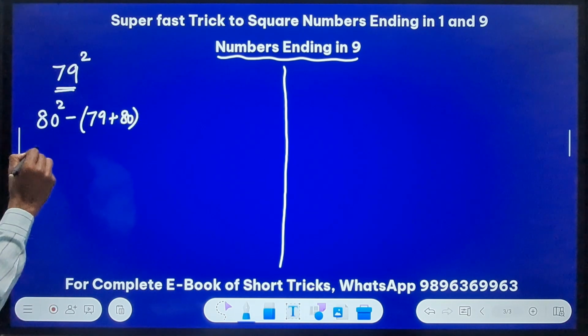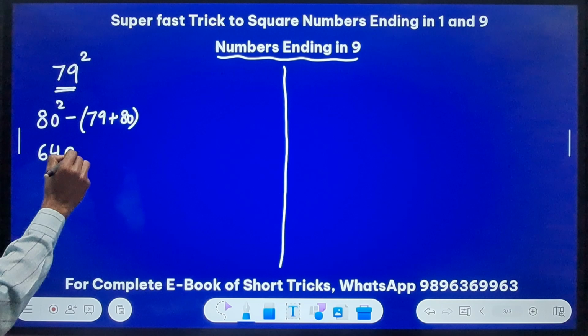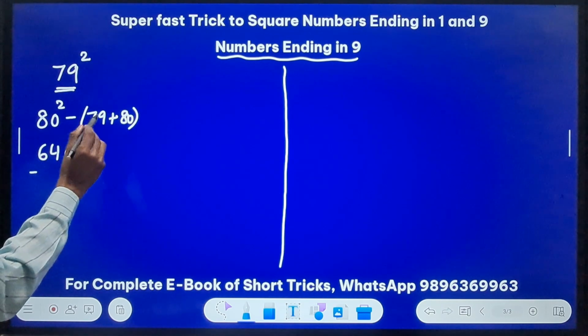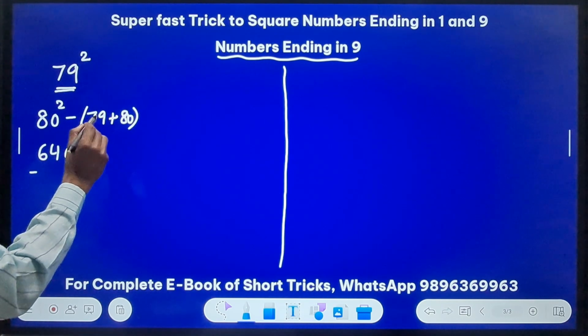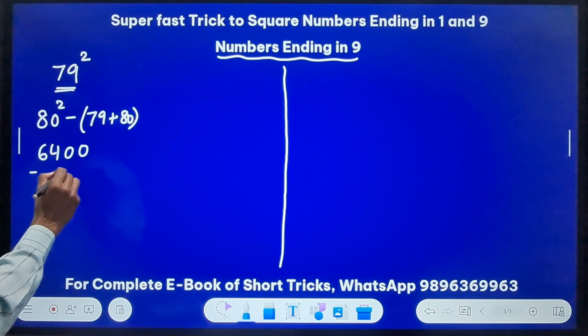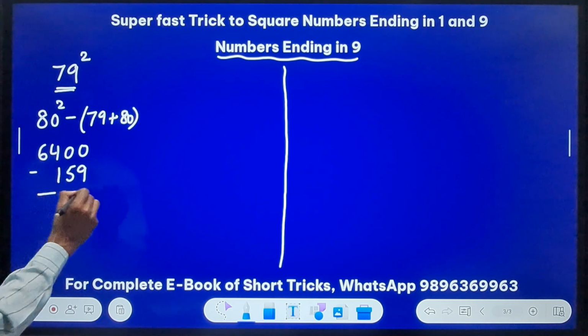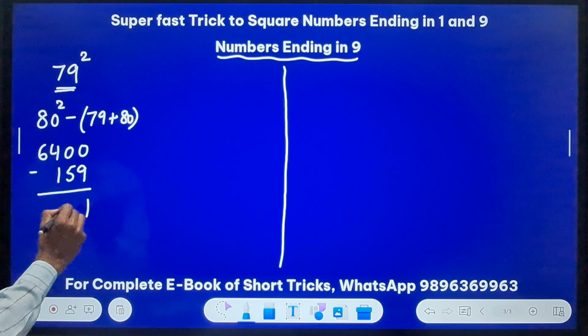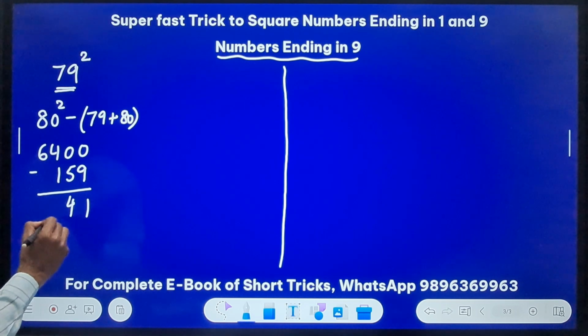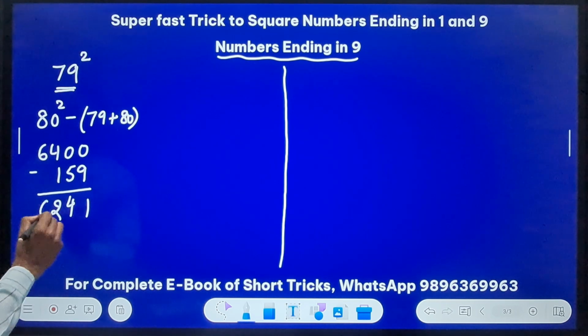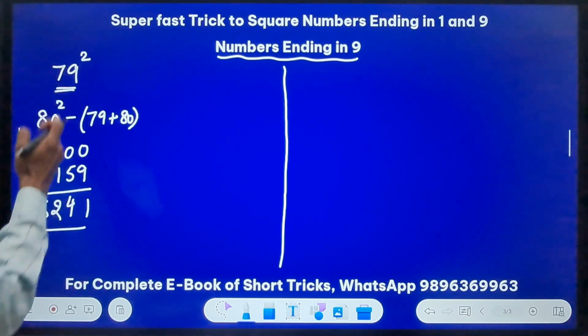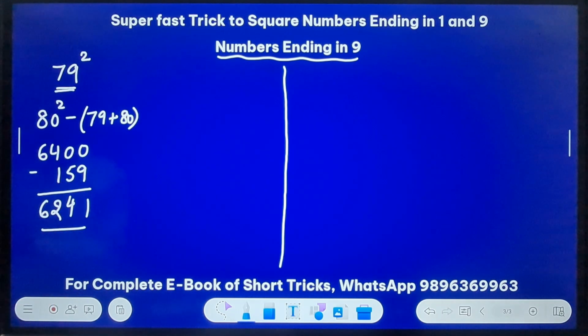So 8 8s are 64, right? 6400. Now subtract what? 80 plus 80 is 160. So 1 less than that is 159. Now carry out the subtraction. You get 6241 is the square of 79.